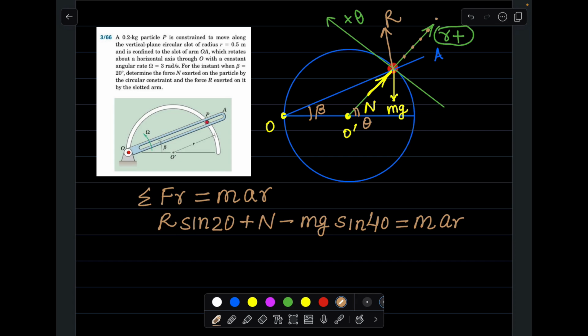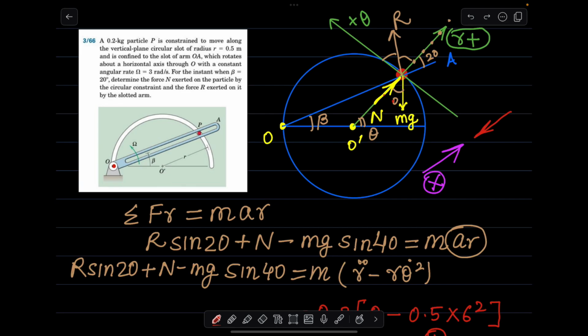Okay guys, let's see how we can calculate the angle. As per this problem, the value of beta is given as 20, and theta at this point is 40. So how much is this remaining? It is 140 degrees, because this horizontal line is 180. So this angle will be 20 degrees, because this triangle has 180 degrees total.